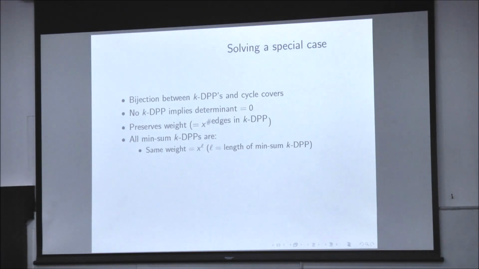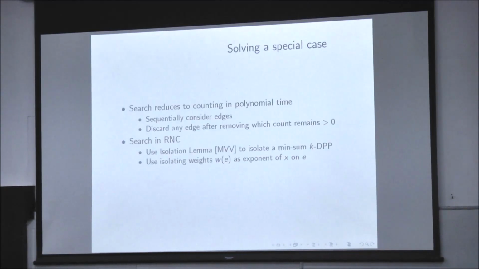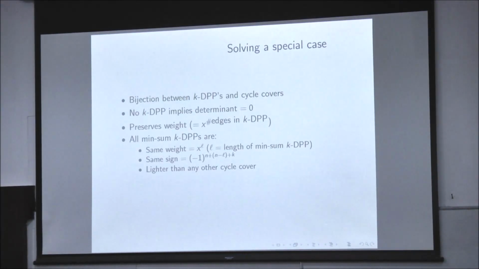It is x to the L, where L is the length of the min sum KDPP, because it's just the number of edges in the KDPP, and that is just L. And the crucial point is that the sign of all these cycle covers is also the same.